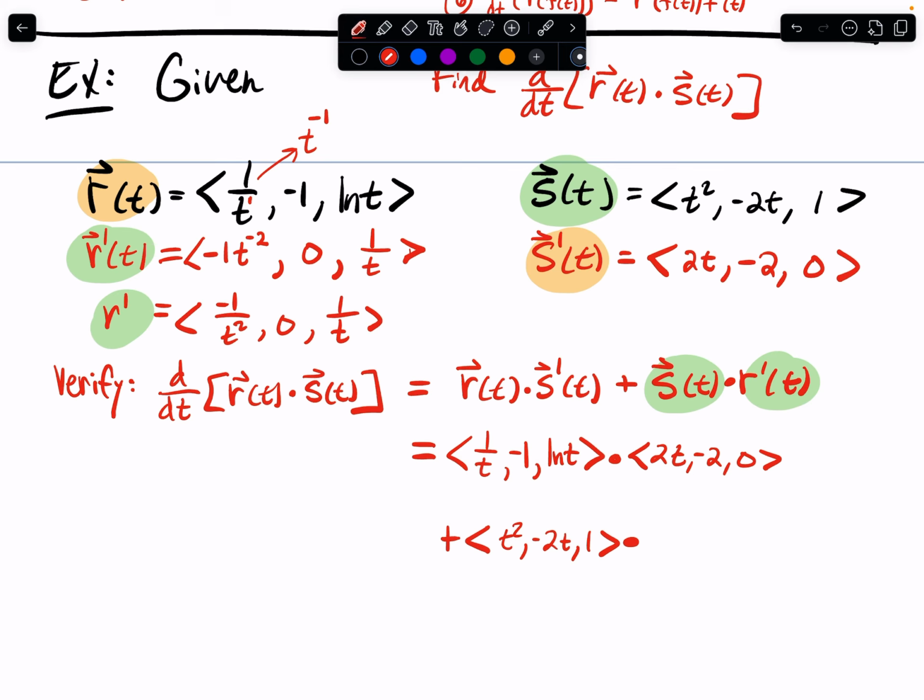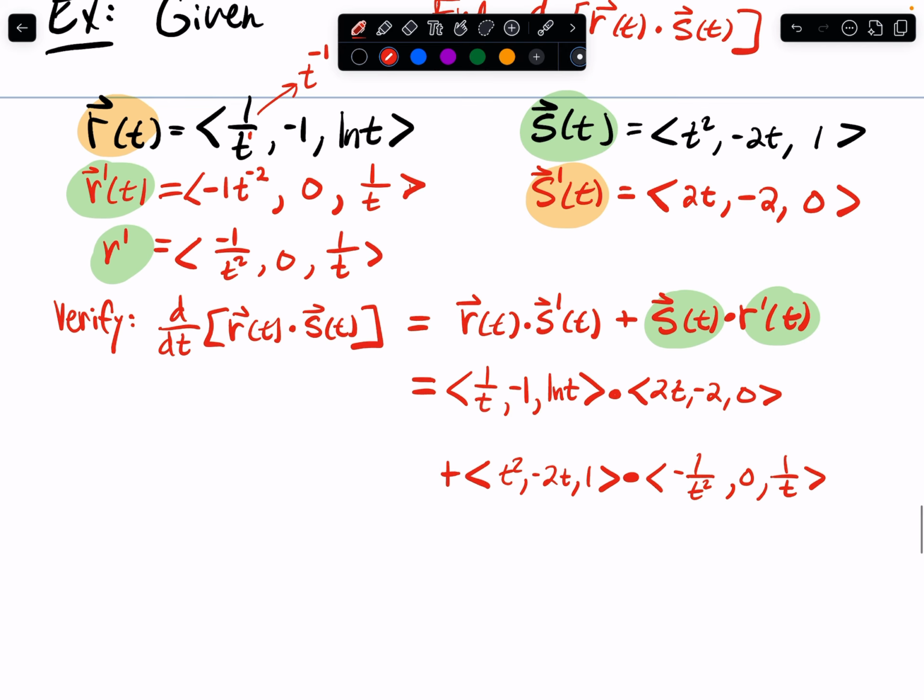Okay, so I'm going to do negative 1 over t squared, 0, and 1 over t. So when I simplify that, this first piece here, when I dot, I multiply the components together and then sum them up.